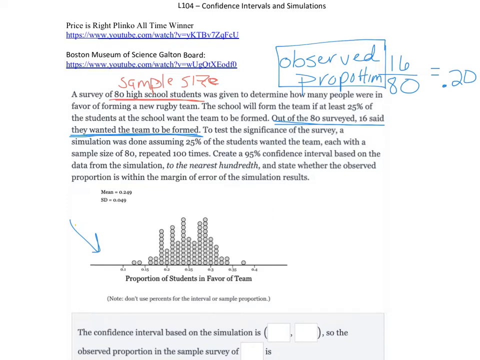First off, it says that this simulation, this information down here, is based on 25% of the students wanting the team. So I'm going to write 0.25 here. So think about this with that bag with the chips. Basically, if there's 25% of the peach chips in there and we took little samples of 80, so the sample size is 80.